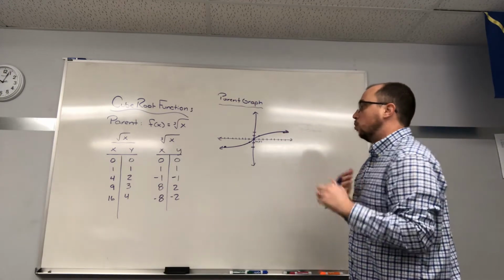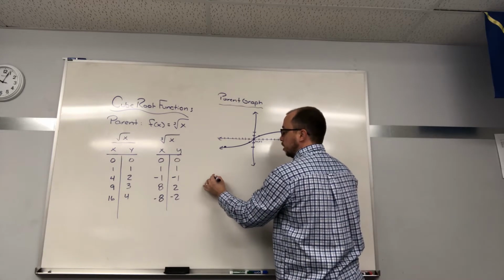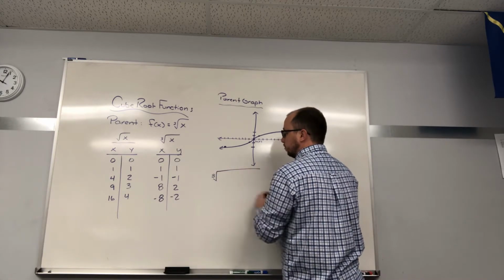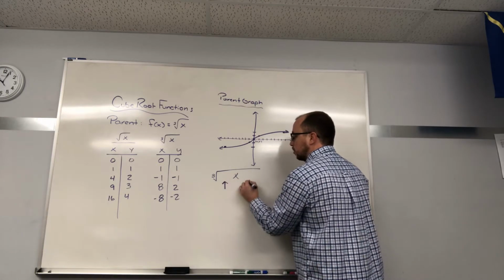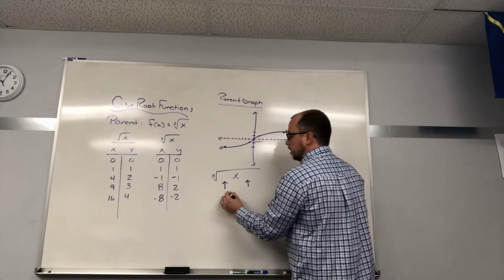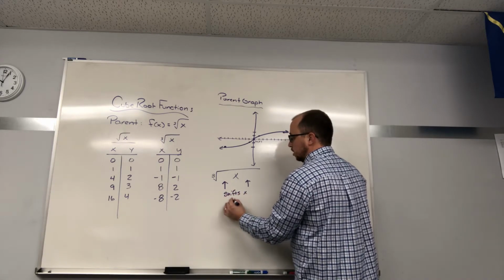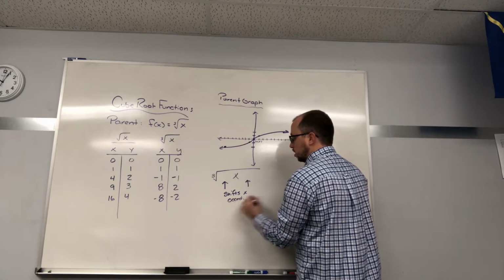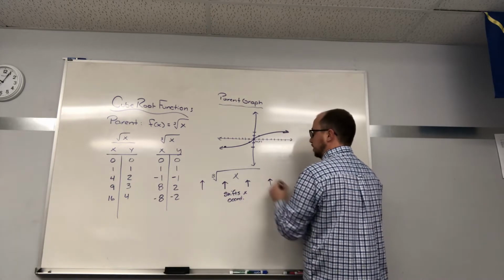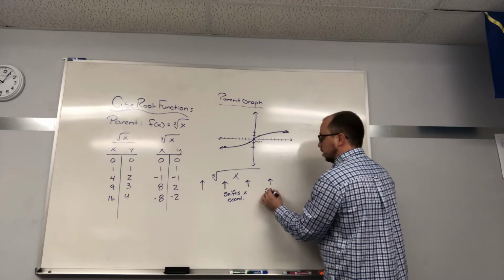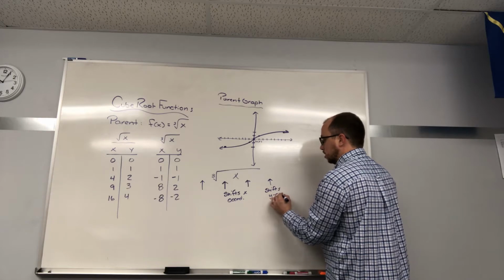Okay? Now, when we talk about shifts, they are still the same. So if I've got a cube root, and x is underneath there, remember, what happens underneath the radical will still shift the x coordinates. What happens out front or at the back, outside of the radical, still shifts the y coordinate.